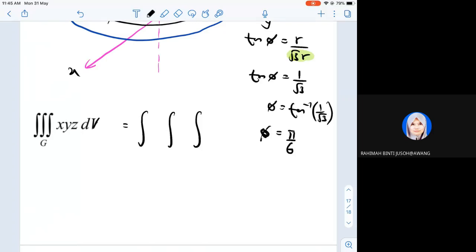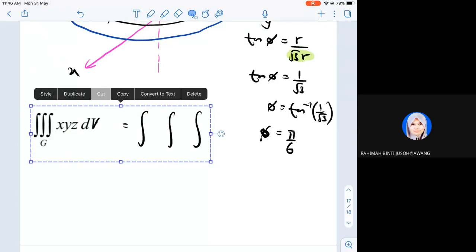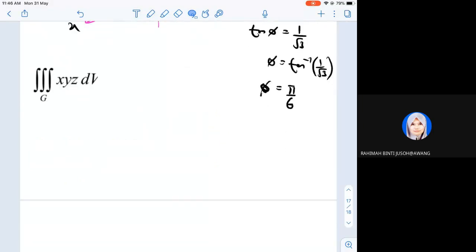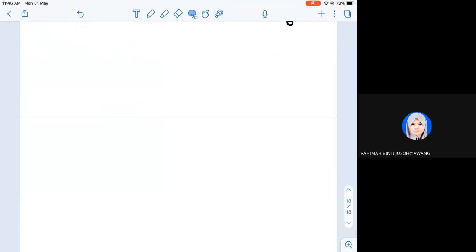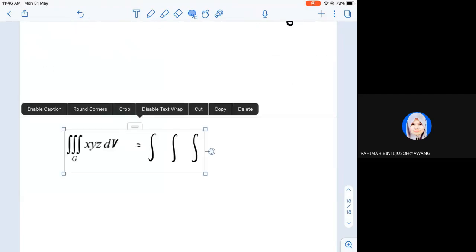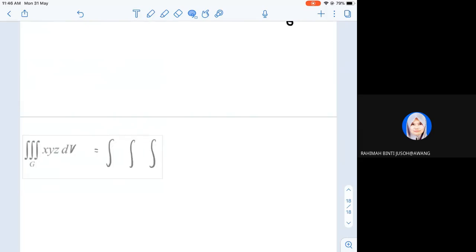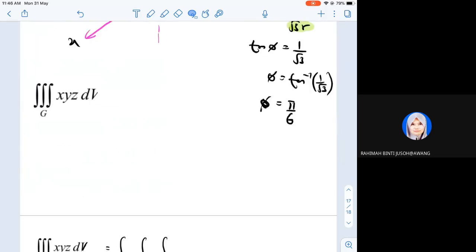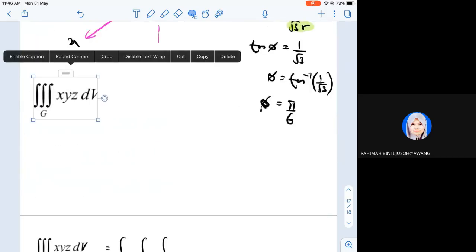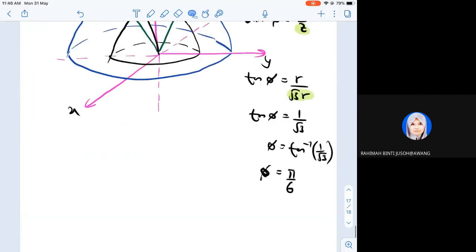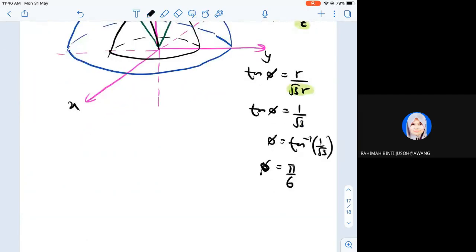Sekejap ini saya bawa ke bawah lah. Tak muat ni. Alright. Okay, dia kata tadi first octant kan?